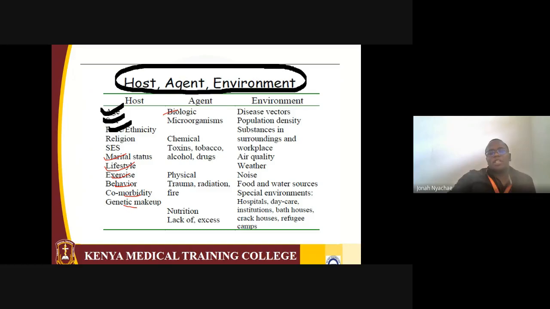Agents are factors which are necessary: biological, microorganisms, chemicals, toxins, drugs, physical trauma, radiation, fire, and nutrition, that is lack of or in excess. Environment: disease, population density, substances in the environment, air quality, weather, noise, food, special environments like hospitals, daycare, and so on. So all those are some of those factors.